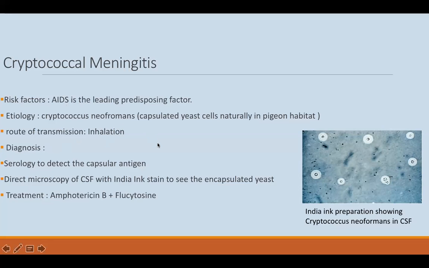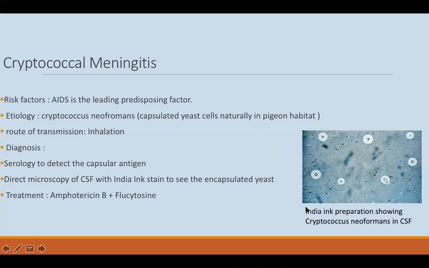How we diagnose it, we do serology to detect the antigen of the capsule. Sometimes we do direct microscopy of the cerebrospinal fluid with a special stain اللي هي الإنديا إنك stain. هذه المعلومة مرة يحبونها for some reason. الإنديا إنك stain is very important because it allows you to see the capsule of the Cryptococcus, and it's diagnostic.